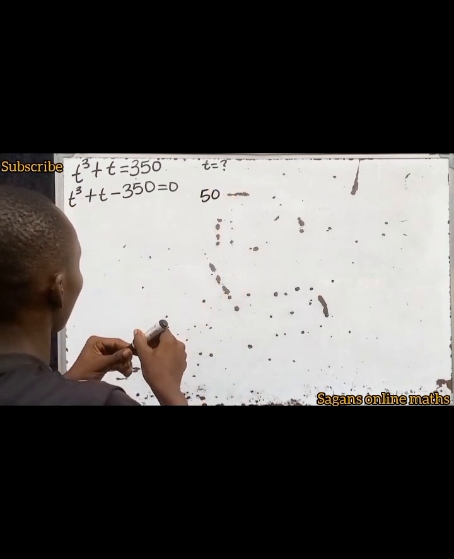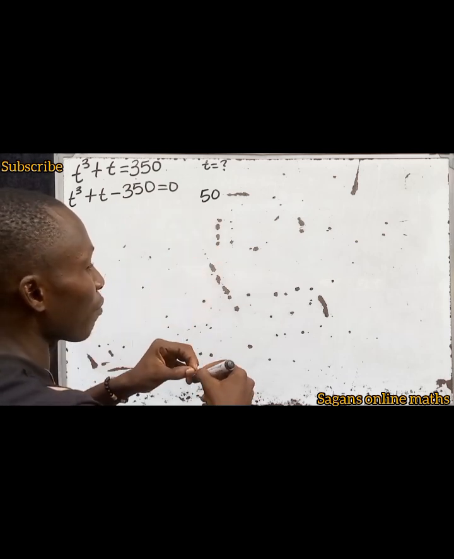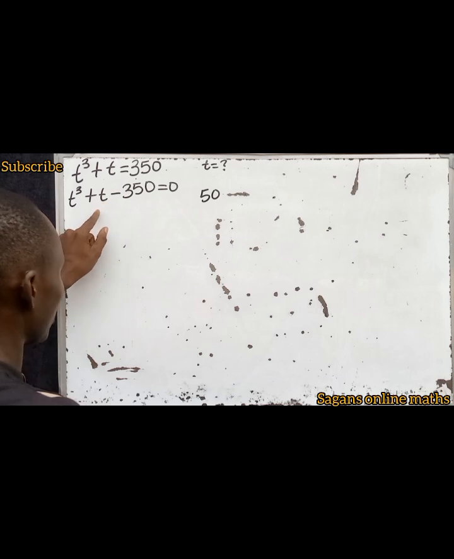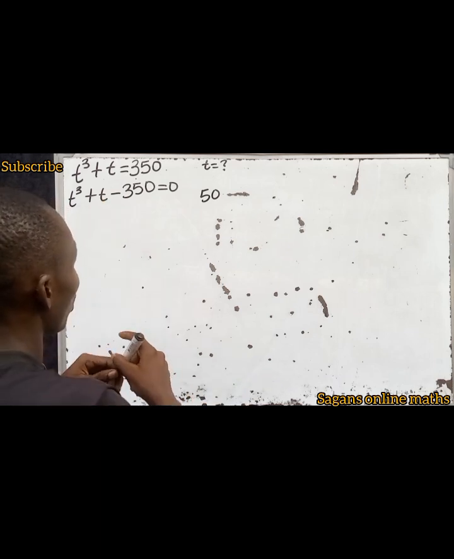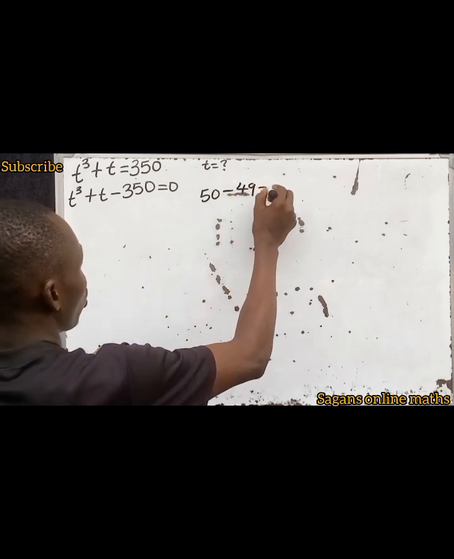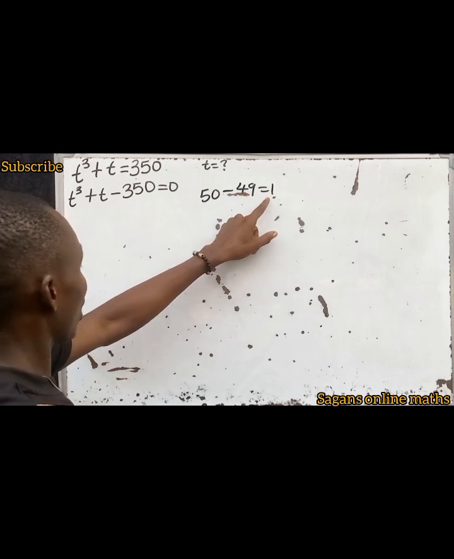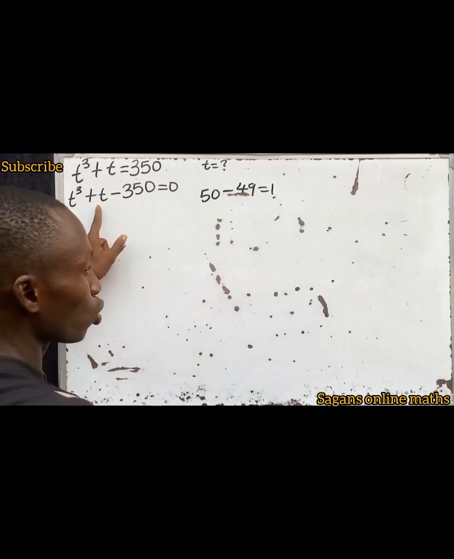One of the factors of 350 is 50. Now, let's think of one perfect square that we can subtract from 50 and have 1, since the coefficient of t here is 1. We know that 50 minus 49 is equal to 1. So we are good to go.